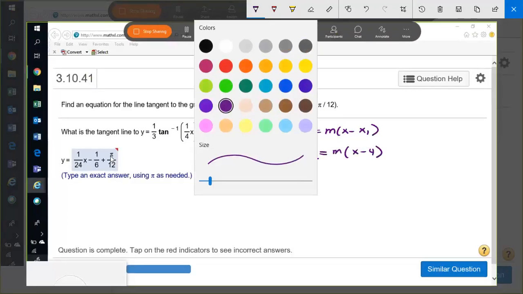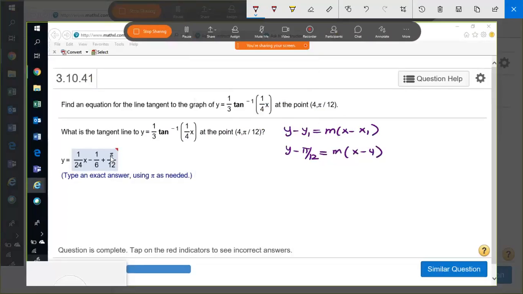So for the derivative of this function, y prime is 1/3, which is a constant, times the derivative of tangent inverse. If you have tangent inverse x, the derivative is 1 over 1 plus x squared, right? For this function, it's tangent inverse of 1/4 of x, so I will be doing 1 over 1 plus 1/4 of x, whole squared.